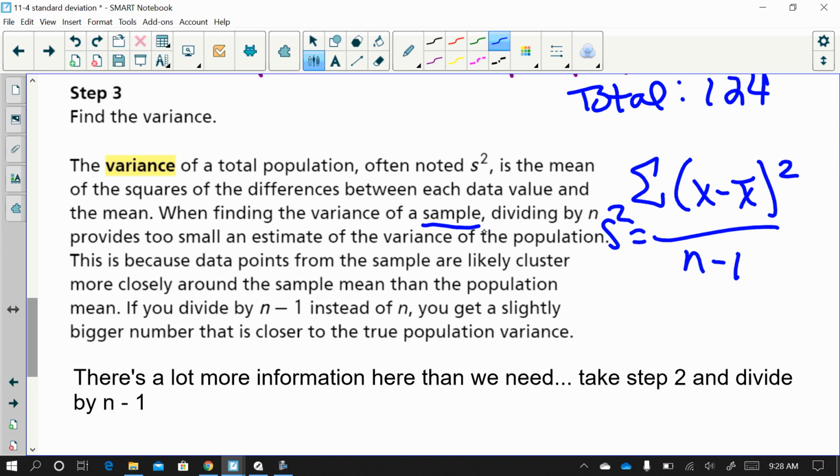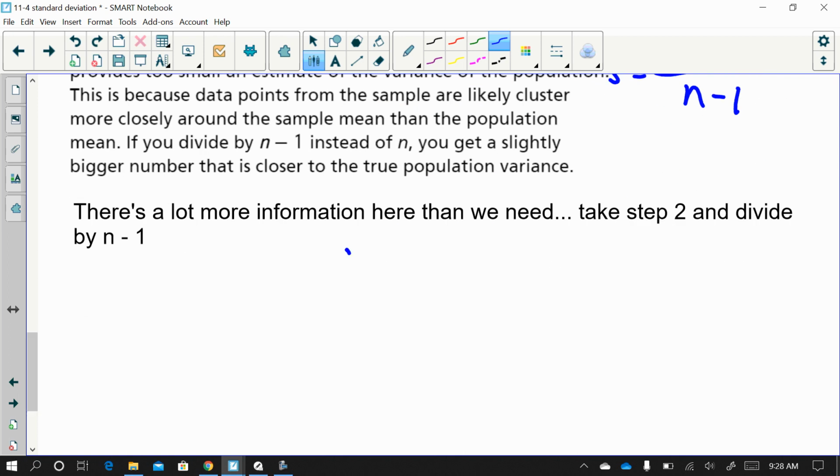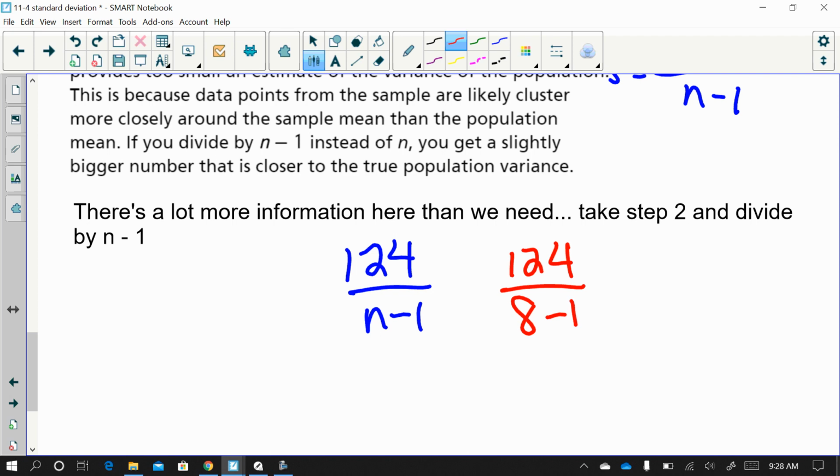We're just going to take step 2 and divide by n minus 1. So step 2, we take 124, and I need to divide that by n minus 1. Okay, n, remember, is the sample size. We know that's 8. So I need to do 124 divided by 8 minus 1, or 124 divided by 7, which equals 17.7. That is my variance.